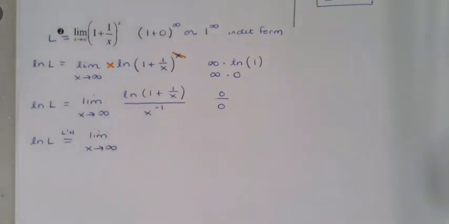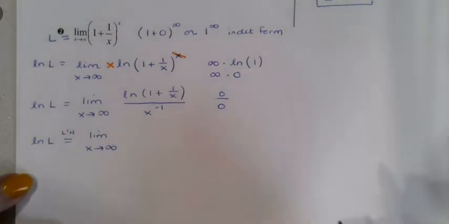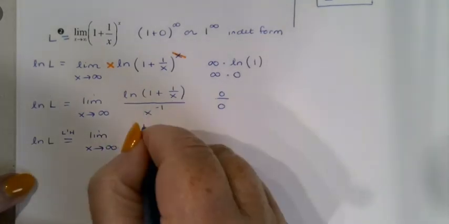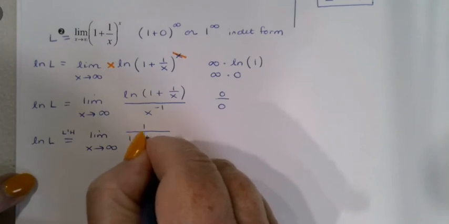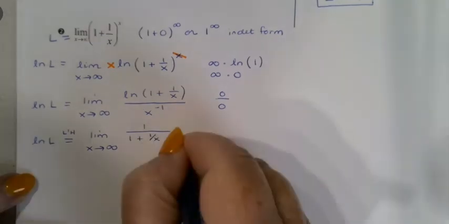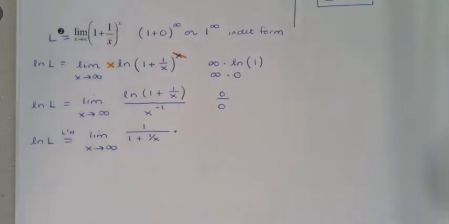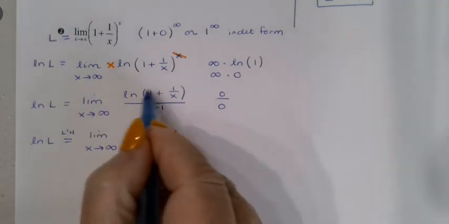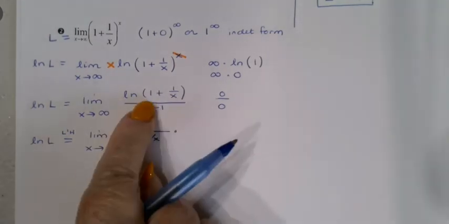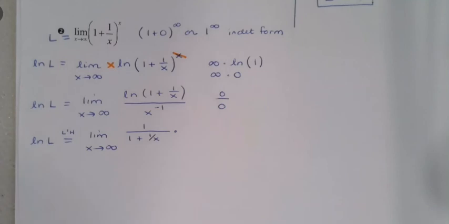All right, so let's see here. If I apply L'Hopital's rule, I need the derivative of the top. So that's 1 over 1 plus 1 over x times the derivative of the inner function. The derivative of the 1 is 0.